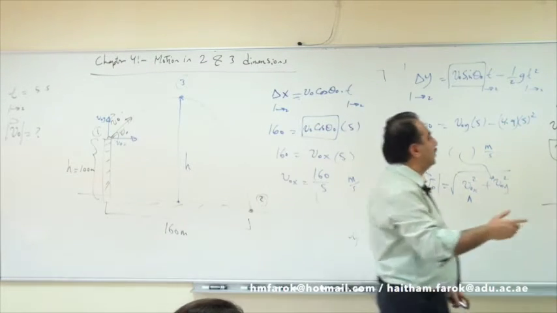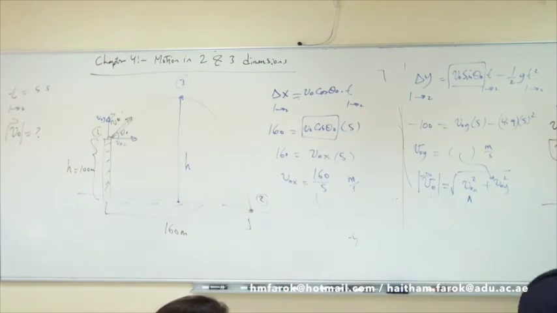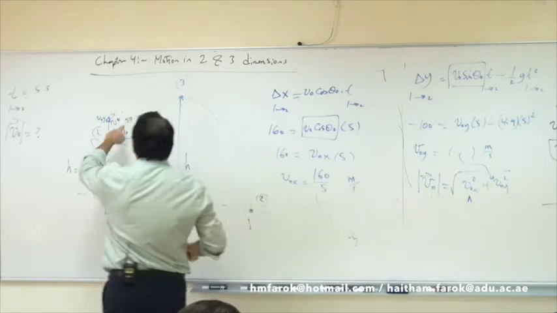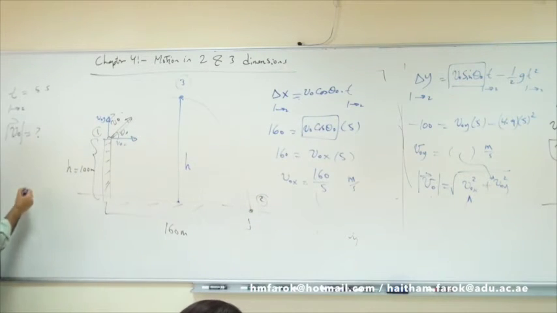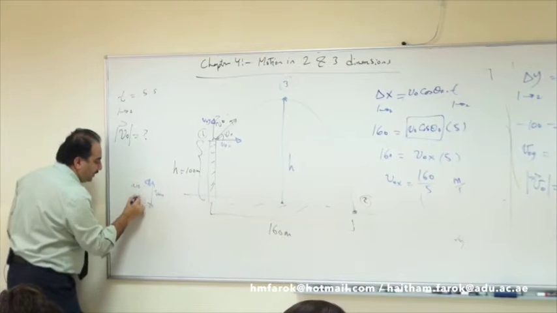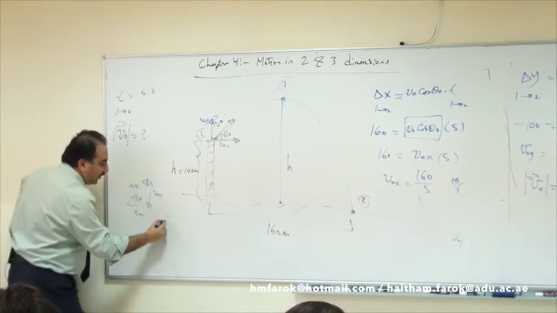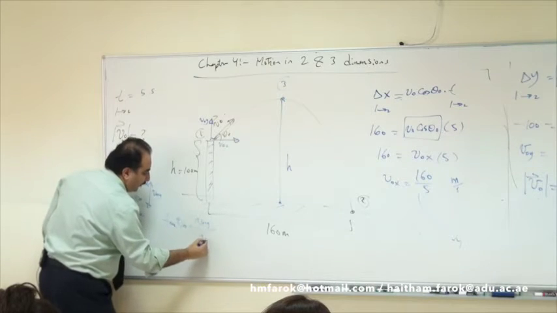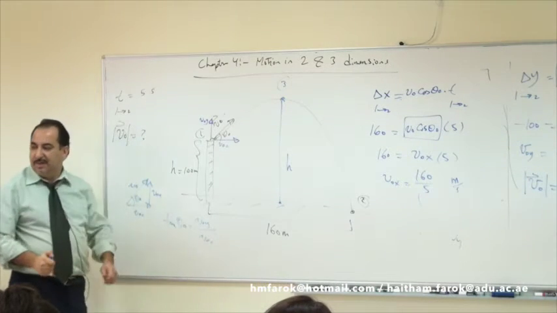There are many ways. If you go back here, delta x is known, this one found, t known. But remember, the easy way is that this is a triangle, yeah? You have V naught x, V naught y, and this is theta naught. So use tan theta naught equal to V naught y over V naught x and find theta naught, yeah?